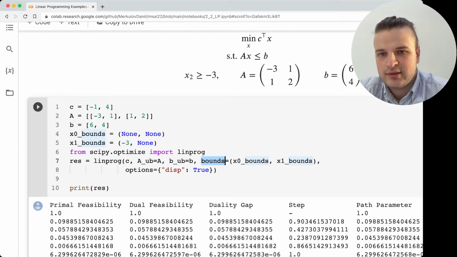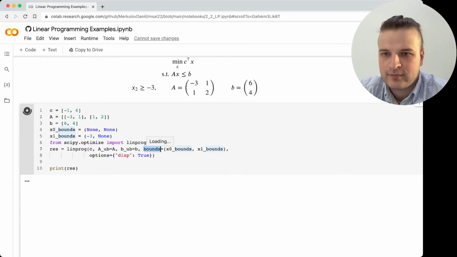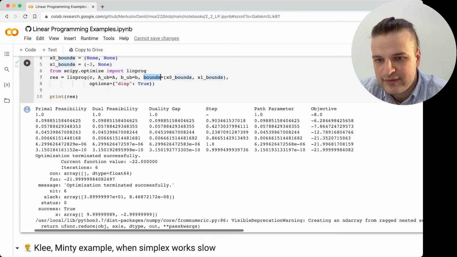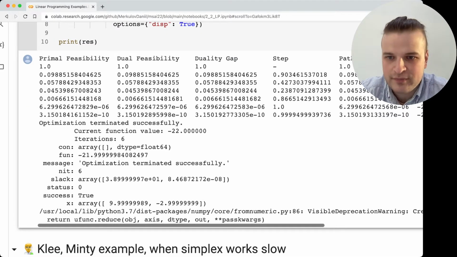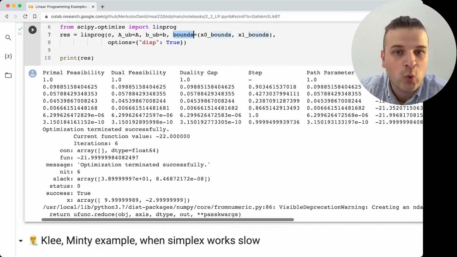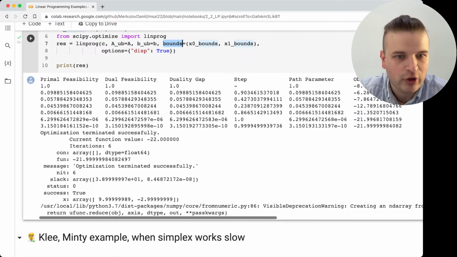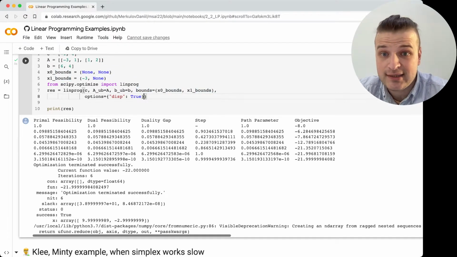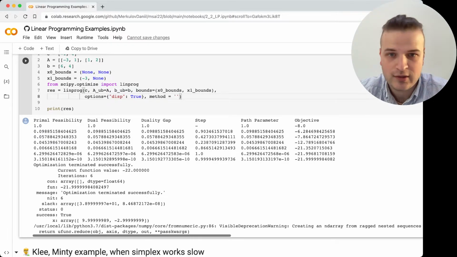That gives primal feasibility, dual feasibility, and duality gap, and we can see that we have successfully solved this problem. We see the number of iterations and the function value, but actually we do not know exactly which algorithm was used here. That's why I'll specify it explicitly and ask SciPy to use the simplex algorithm for sure.